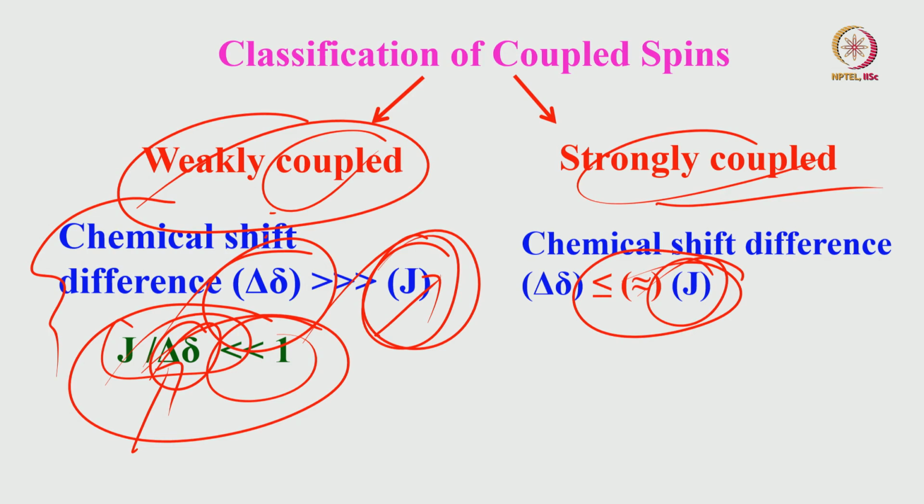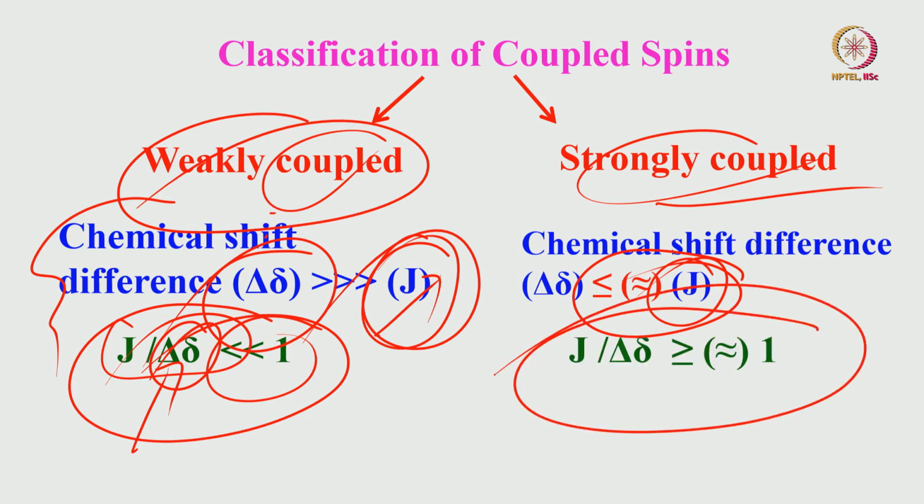Please remember, when the chemical shift difference is sufficiently larger than the J coupling, where J by delta is very much smaller than 1, it is called weakly coupled. Whereas when the chemical shift difference is approximately equal to J or much smaller than J, with J by delta approximately equal to or greater than 1, it is called a strongly coupled spin system. This is the way we classify the spin system.